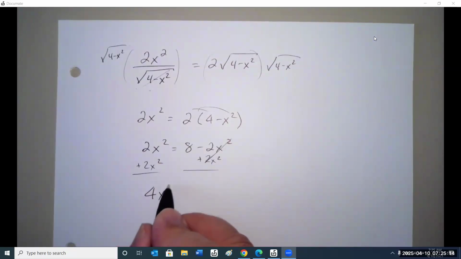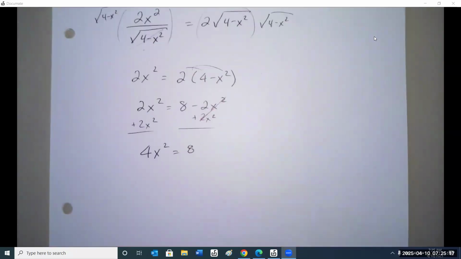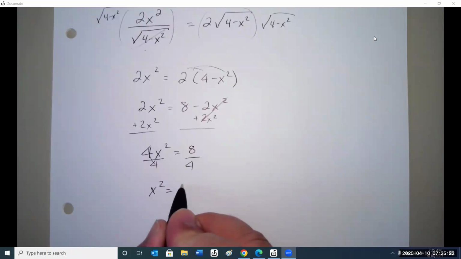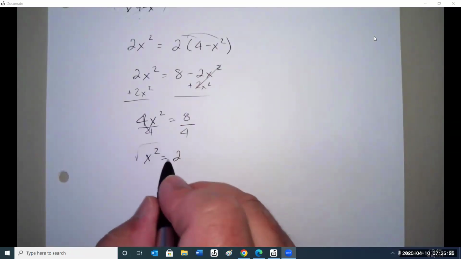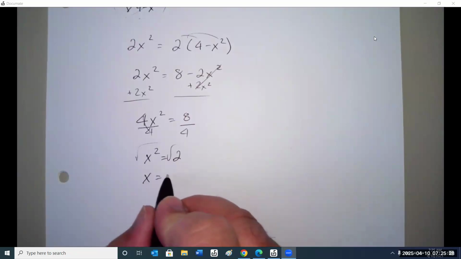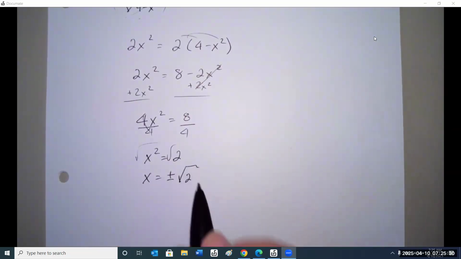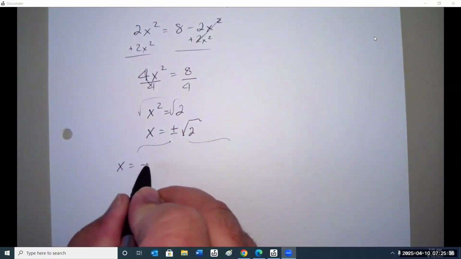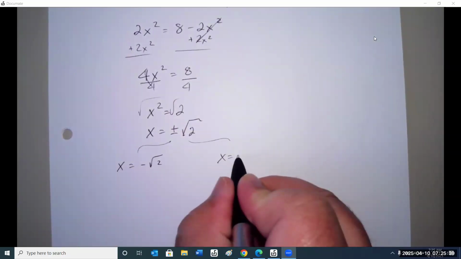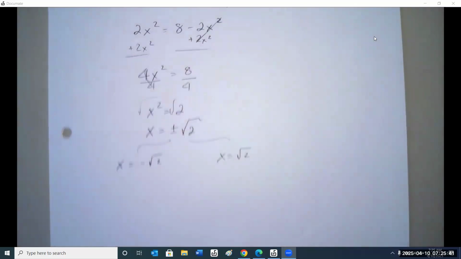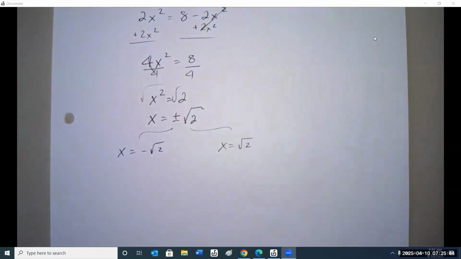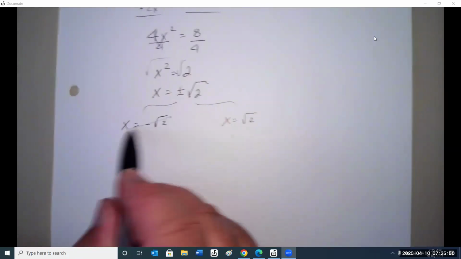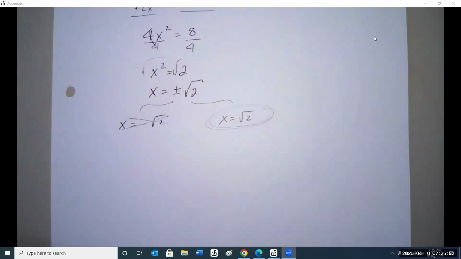So we have 4x squared equals 8. Divided by 4, x squared equals 2. Square root both sides, we get x equals plus or minus the square root of 2. So x equals negative square root of 2, and x equals positive square root of 2. We can't have a negative distance, so the positive one has got to be our solution.